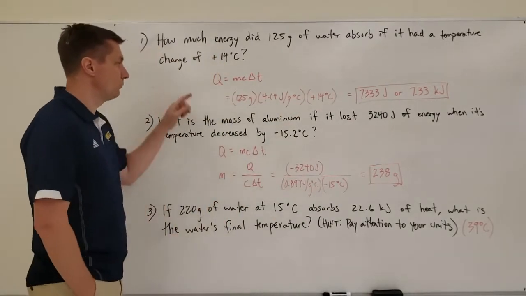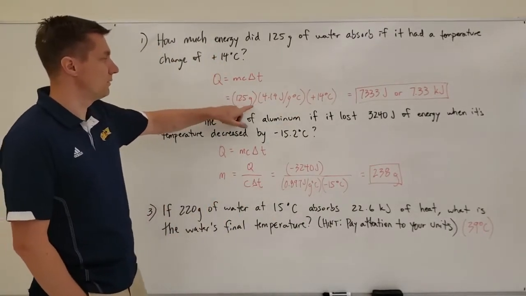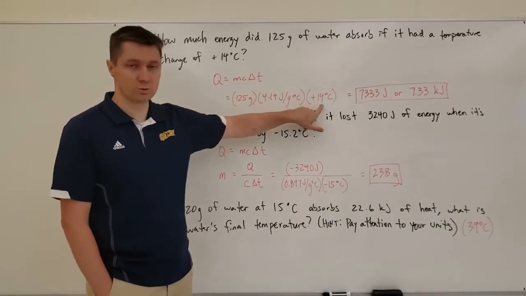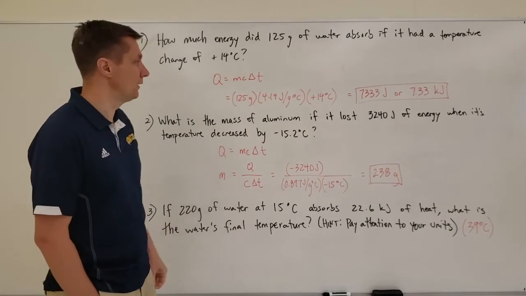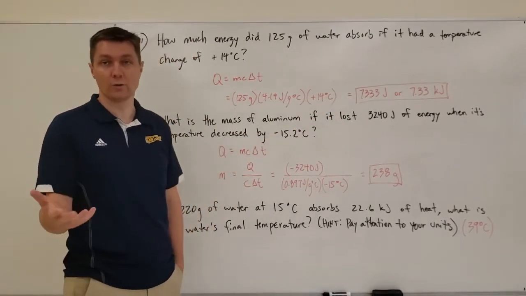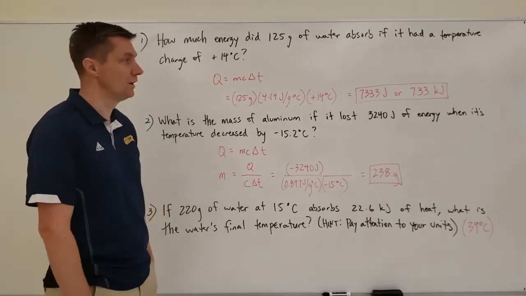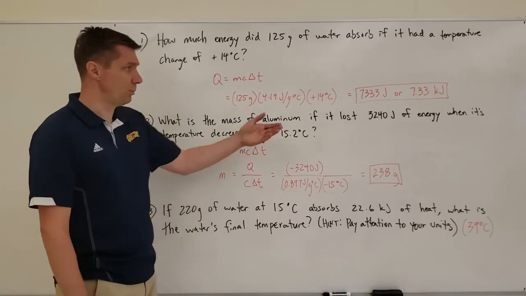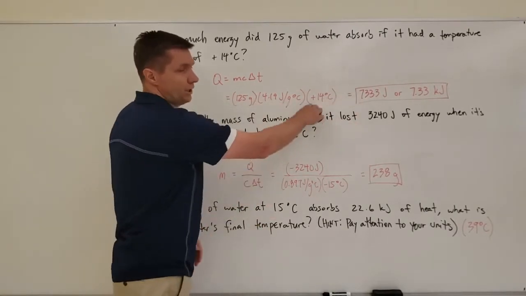And so when I plug this in, I get 125 grams times my specific heat capacity of water times the temperature change of water, and I get my number here, 7,333 joules, or in other words, if I were to express that in kilojoules, 7.33 kilojoules. This is a positive number because the temperature change is positive.